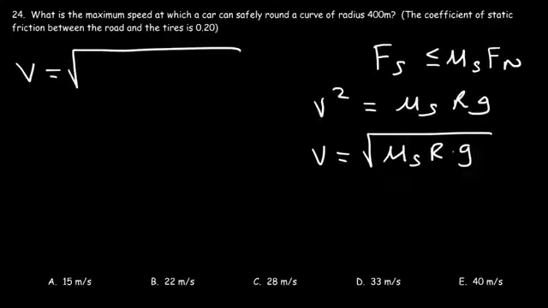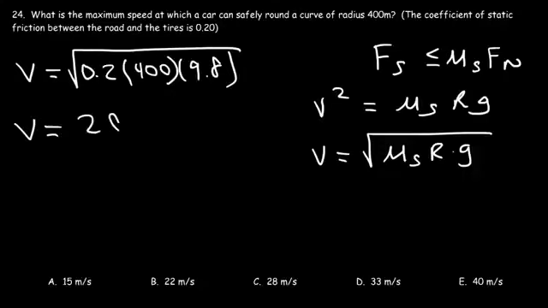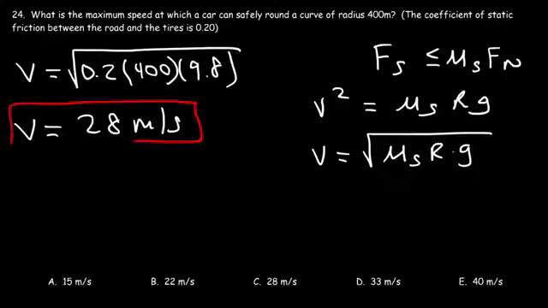In this example, mu s is 0.2, the radius is 400, and g is 9.8. So the maximum speed is 28 meters per second. So therefore C is the right answer.